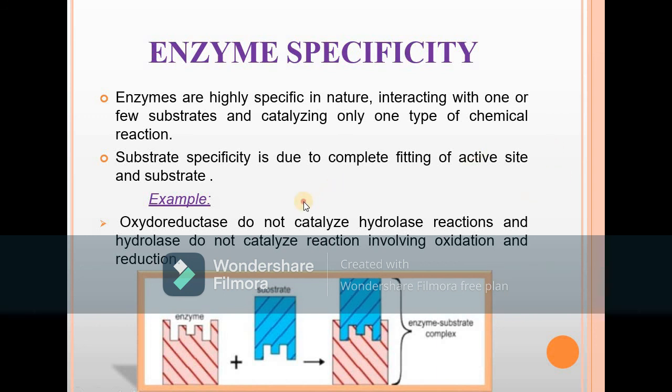So substrate specificity is due to complete fitting of the active site to the substrate. For example, oxidoreductase does not catalyze hydrolysis reactions, and hydrolase does not catalyze reactions involving oxidation. Like that, a specific enzyme has a specific function. This is all about the enzymes.